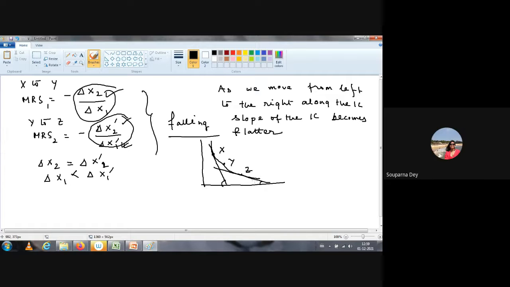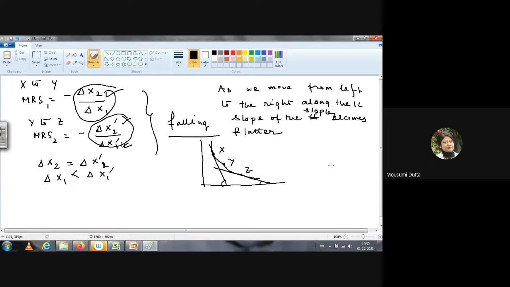So as we are moving from left to the right along the indifference curve, the slope becomes flatter and flatter. So at y it will be flatter, again at z again it will be flatter. So as we move along the curve from left to right, the slope will become flatter and flatter.